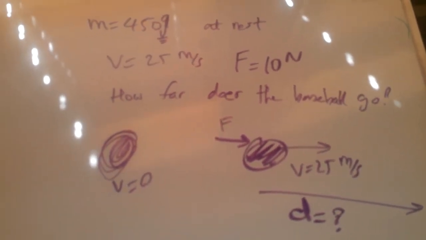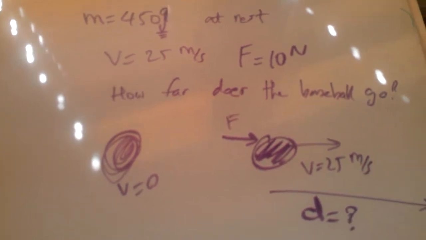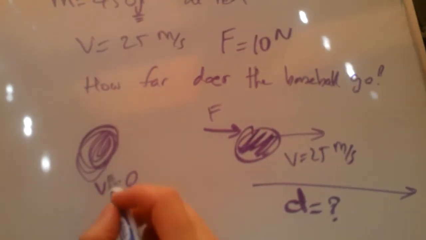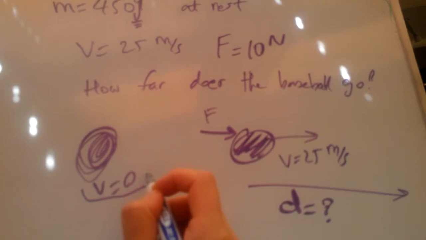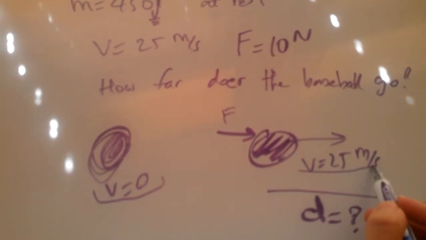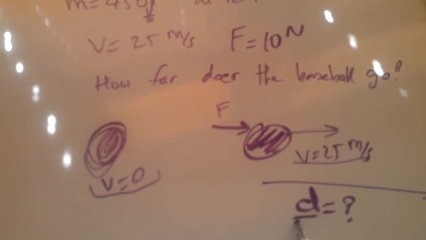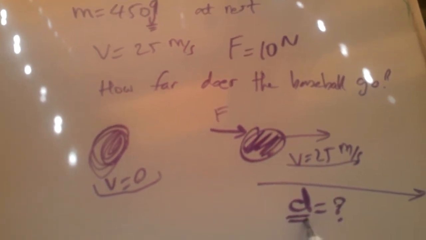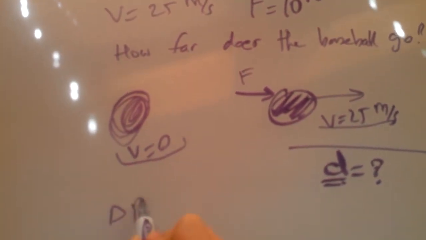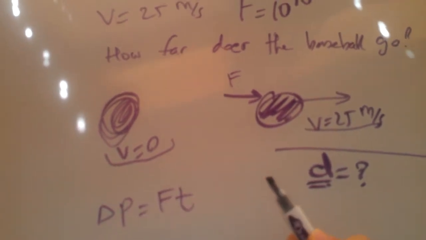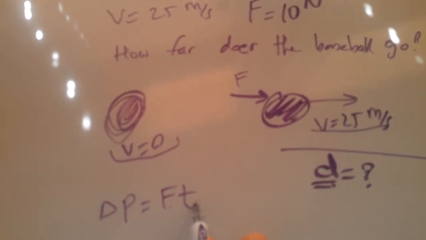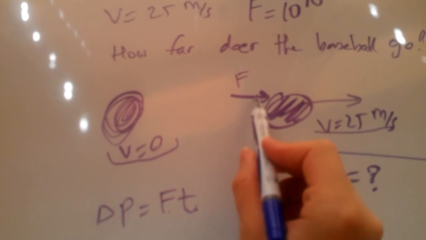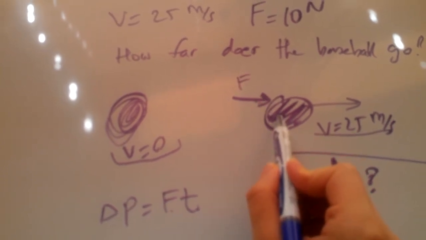So I know that initially the velocity was 0. Now it has some velocity, and it's asking about distance. If it was asking about time, then it would be change in momentum, because change in momentum deals with force and the time during which the force is exerted on the object.